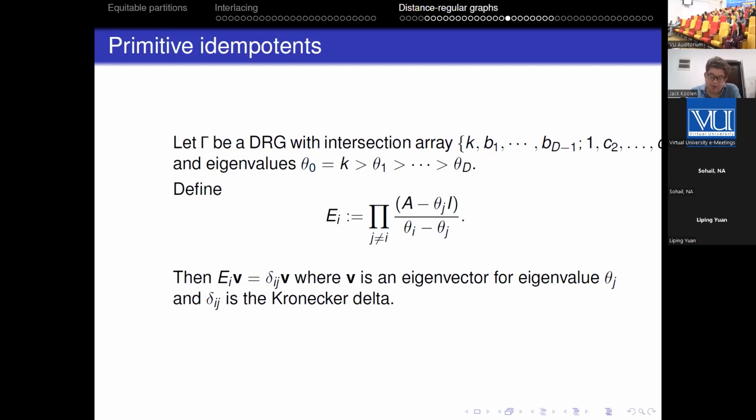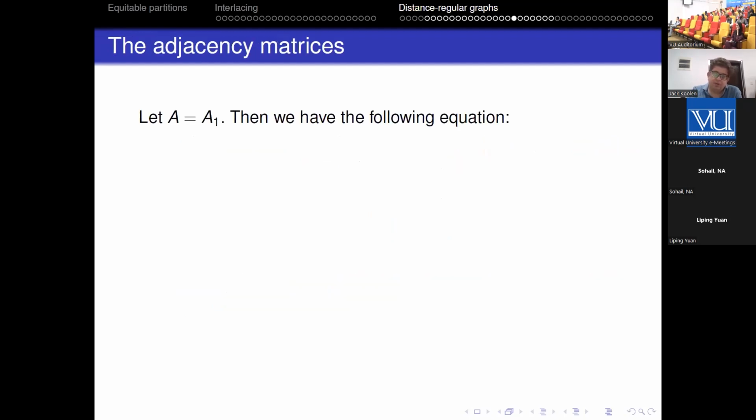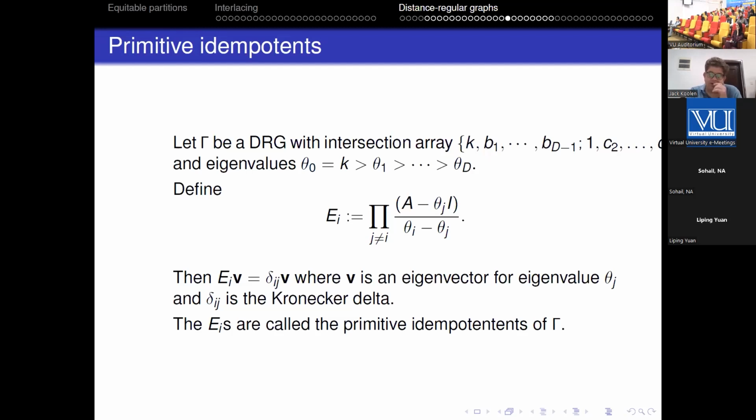So the matrix E_i has only eigenvalues 0 and 1, and eigenvalue 1 only for eigenvectors corresponding to theta i. And these E_i are called the primitive idempotents of gamma. We can also think of them as orthogonal projections of the space onto the eigenspace of theta i.